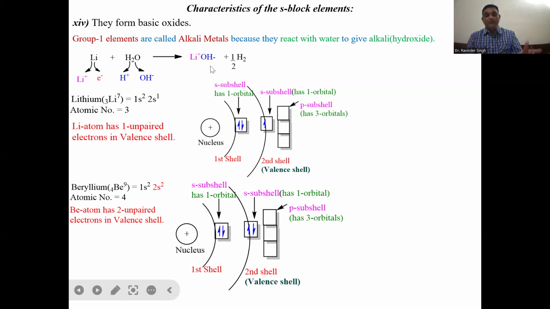So it can burn easily. Lithium and sodium, when we add water to them, will produce fire. More energy means fire. If less energy is produced, there is no fire. When more energy is released, fire will be produced.